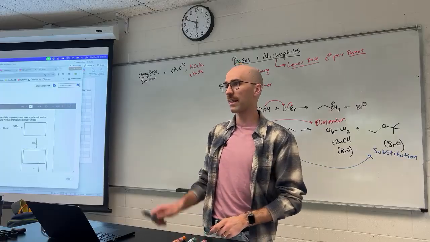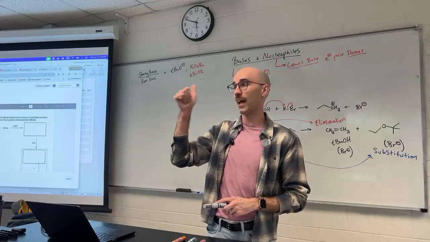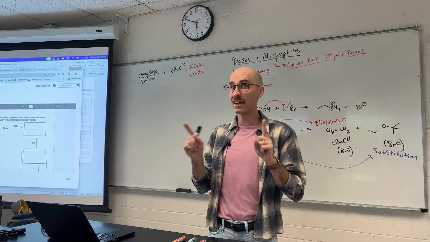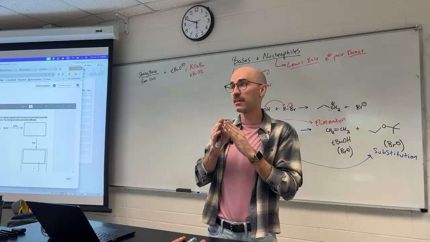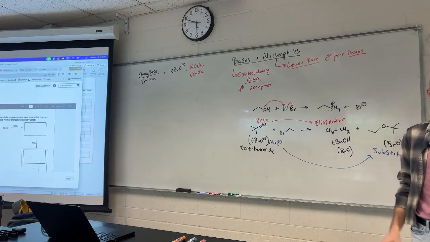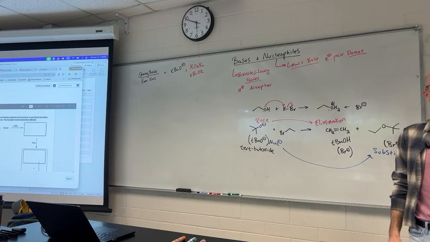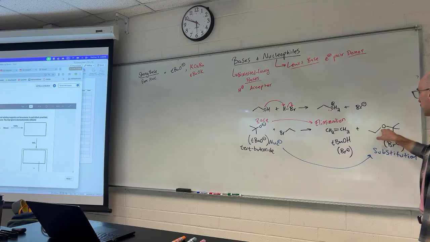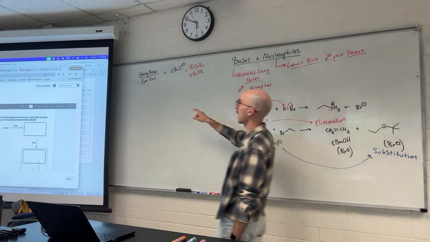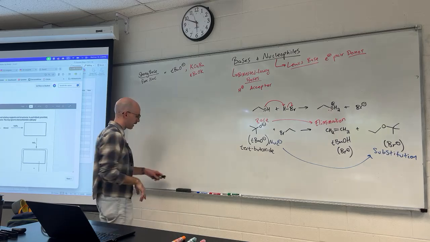All right, we're saying that this reagent is good at taking hydrogens, but it is not that good at bonding to a carbon and running substitution. Why? What's holding this oxygen back from running substitution reactions? What makes it a poor nucleophile?